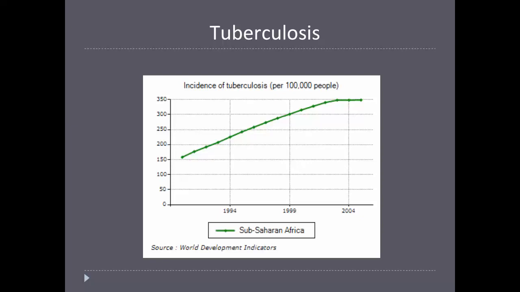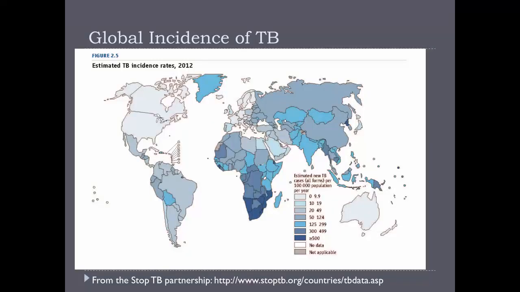That was before the onset of HAART, or highly active antiretroviral therapy for HIV, and very good programs to prevent and treat tuberculosis. So in the late to mid 2000s, as those global programs for HIV and TB became more prevalent, these numbers started to stabilize.